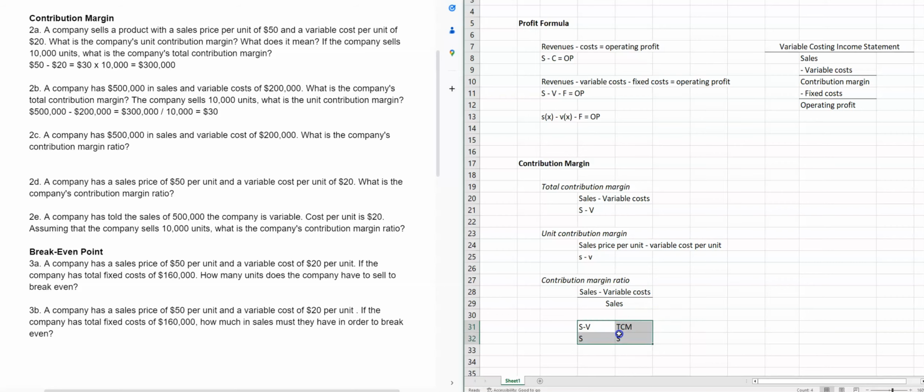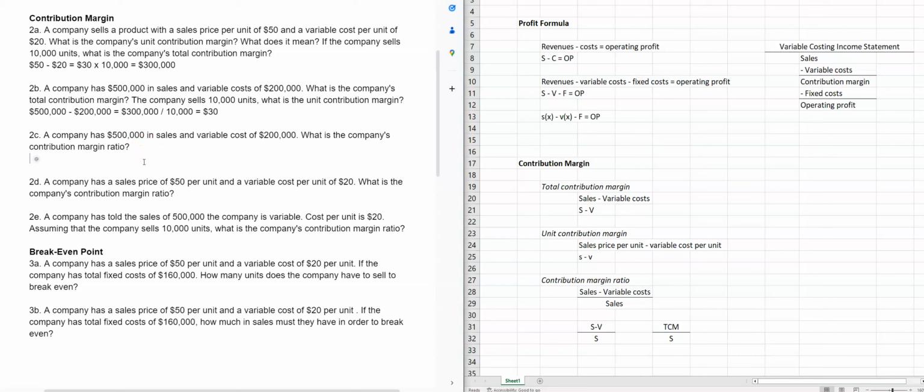So it is genuinely the same thing. Let's go back here. We see our formula is sales minus variable costs, also known as our total contribution margin, divided by sales.